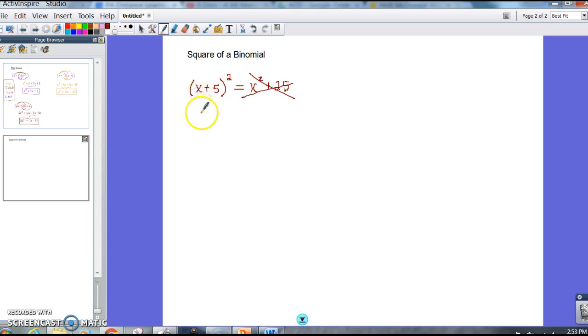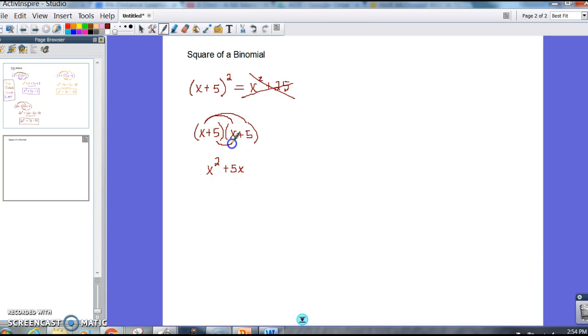So let me show you the long way to do it, and I'll show you why it doesn't come out to be this, and then I will show you the shortcut. This 2 is next to the parentheses, which means it applies to everything, which means simply that I have (x + 5) times (x + 5). And so if I follow my FOIL, I have first, outside: x times 5 gives me 5x.